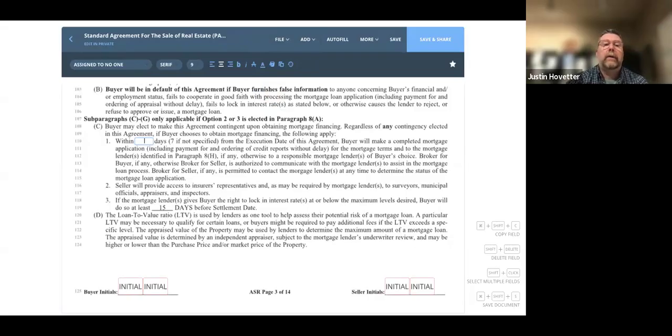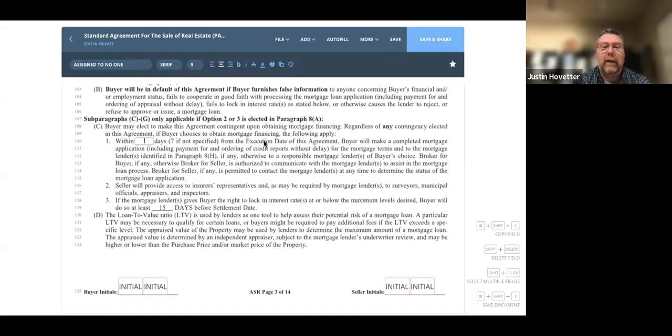They have to, within 7 days from the execution date of this agreement, the buyer is going to make that completed mortgage application. That's what we talked about, Kristen, including payment for and ordering of the credit reports, etc. For the mortgage terms and the mortgage lenders identified in paragraph 8H, if any, otherwise to a reasonable mortgage lender of the buyer's choice, the broker for the buyer, if any.